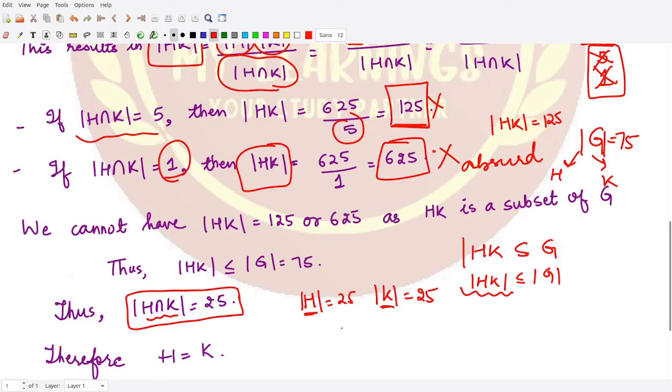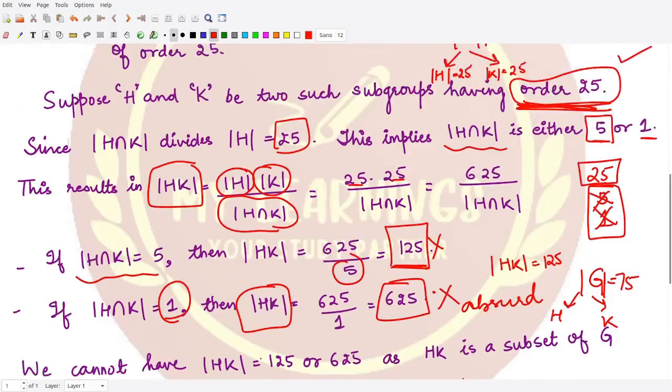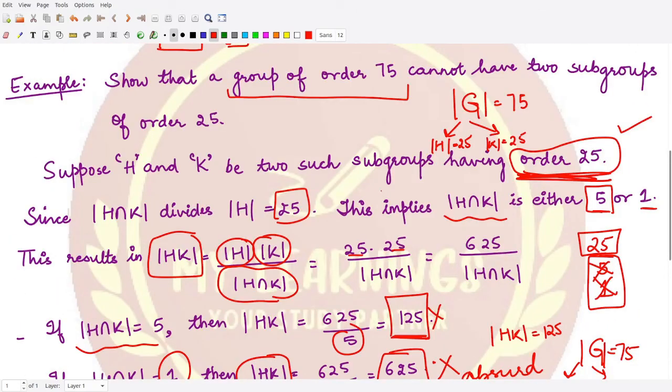So H and K are equal to each other. So we have considered two different subgroups of the group of order 75 such that the order of each subgroup is 25, and that is not possible. There is just one subgroup of order 25.